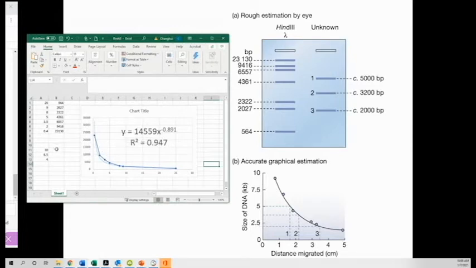So what you need to do is introduce the formula: 14,559 multiplied by x, which is this number, to the power of negative 0.891.